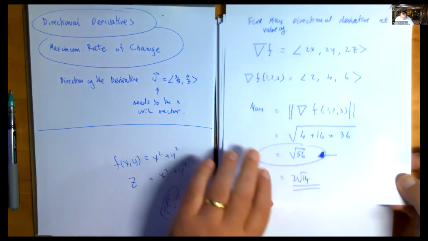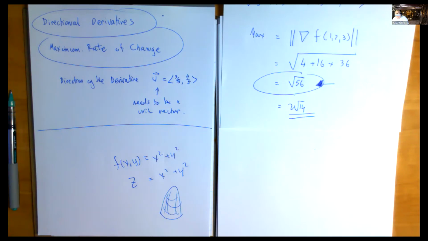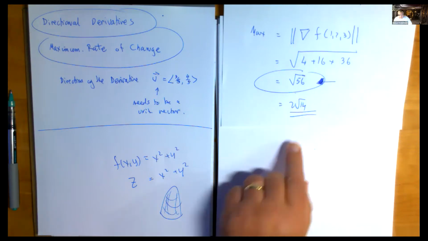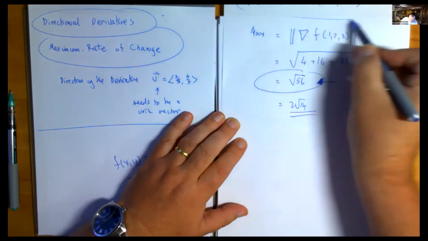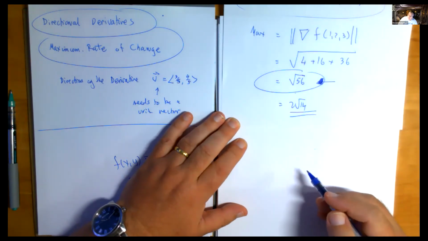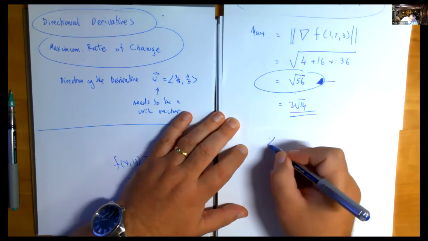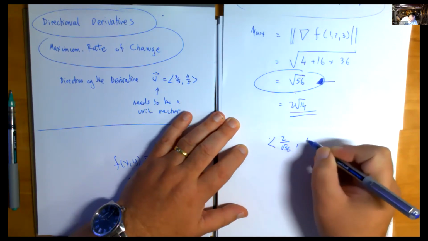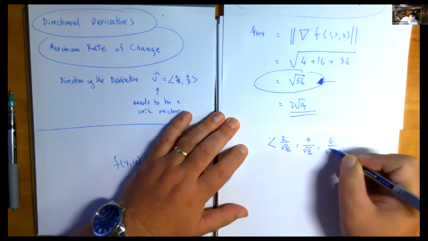Now, the second part of that question could simply be, what is the direction that you should go to achieve this maximum derivative, right? And that guy is basically this fella, right? That's the direction that the vector should go. But we typically turn it into a unit vector. So it will be 2 over the square root of 56, 4 over the square root of 56, and 6 over the square root of 56.